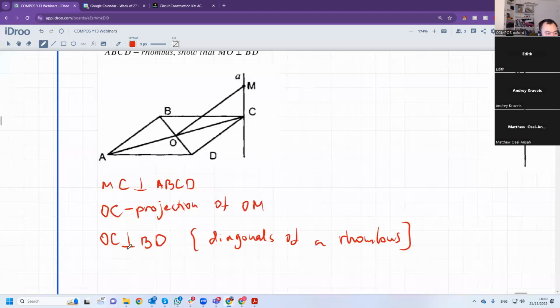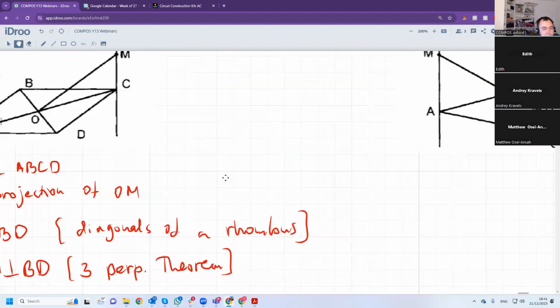So OC is perpendicular to BD, and therefore OM is perpendicular to BD, according to the theorem of three perpendiculars. This is how you do a proof problem.